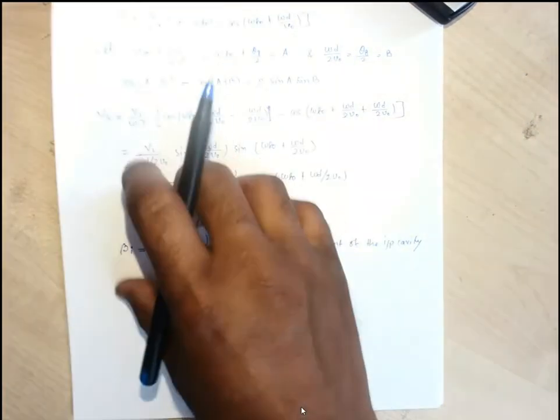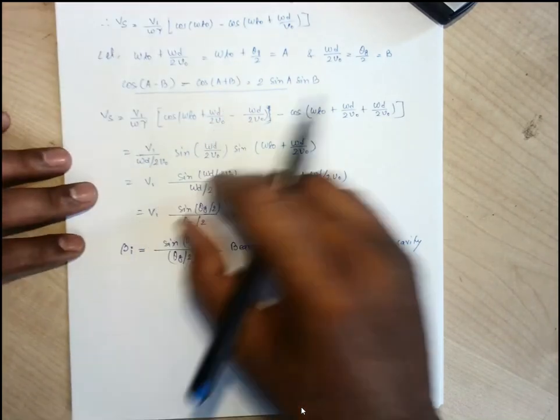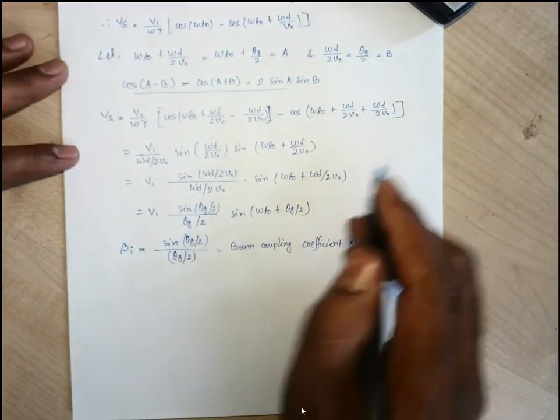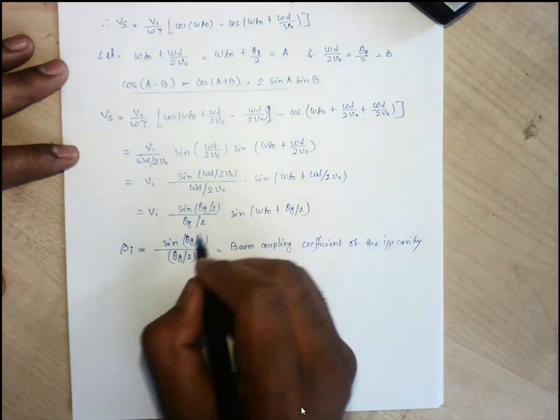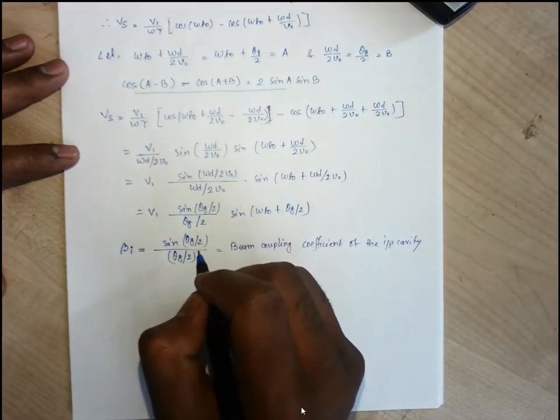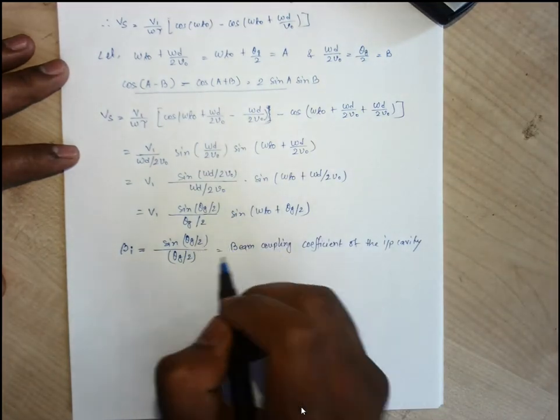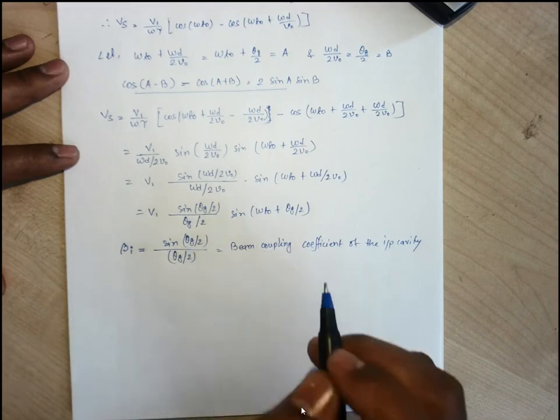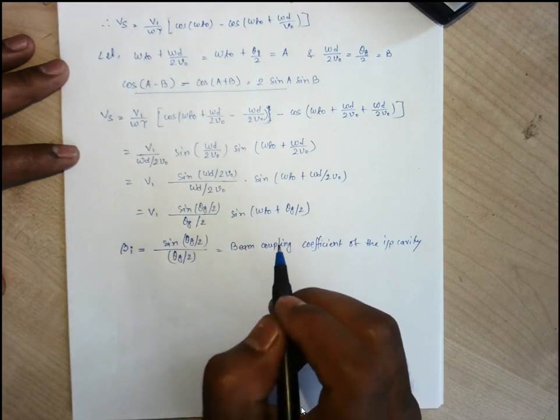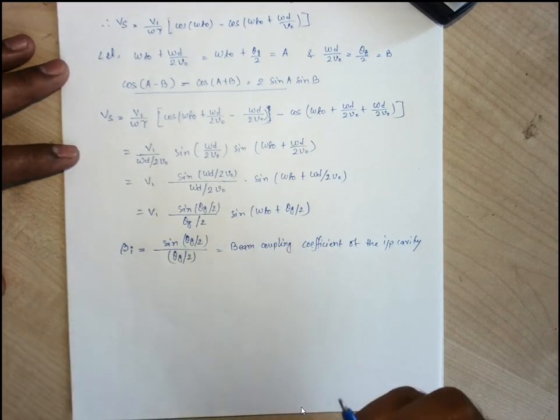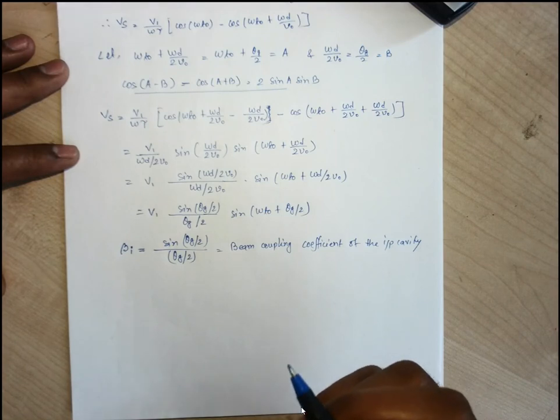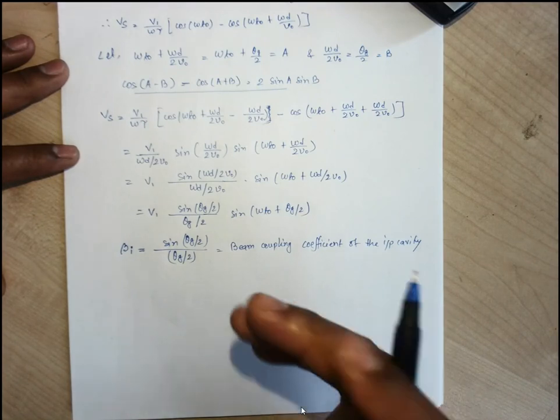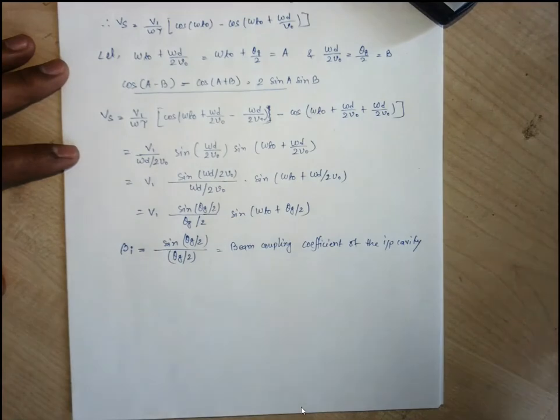But if we look into this expression, what it says is that increasing the gap transit angle, theta g, decreases the coupling. If we increase this theta g, it will decrease the coupling between the electron beam and the buncher cavity. So it appears reversed.